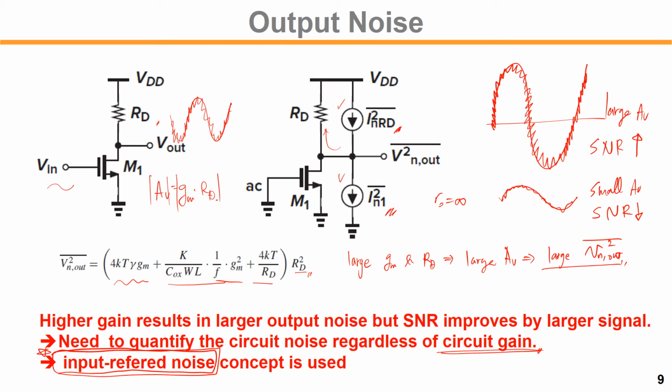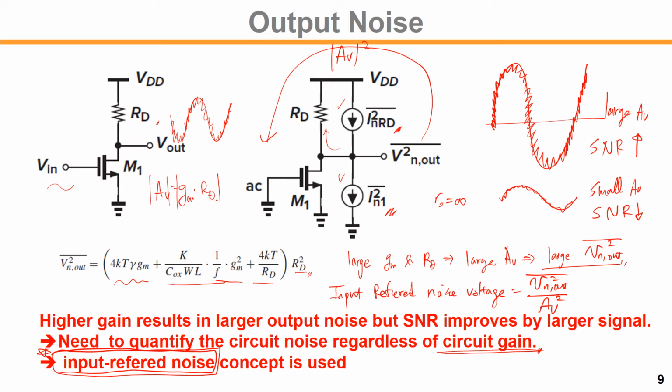First, we take the output total noise and refer it to the input by the circuit gain, AV squared. So the input referred noise voltage would be Vn,out squared divided by the circuit gain, where the gain squared is gm squared times RD squared.